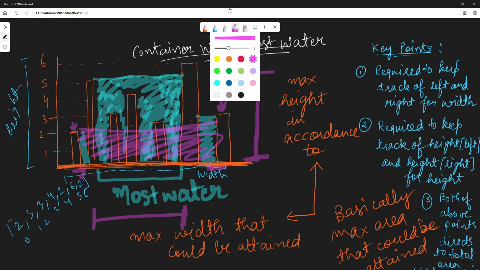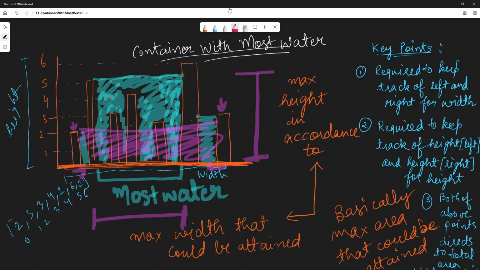Then we'll move further. First we'll try moving from this direction and check this particular portion, but at that moment we won't be able to get the maximum height. From this direction also we'll try to check this position, and we'll keep a check on whether there could be some bigger height: we'll check the next height, which one is bigger.